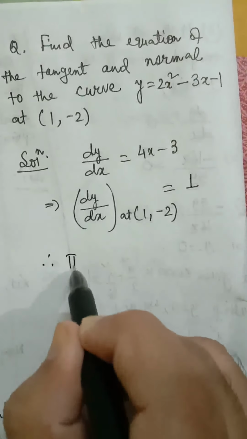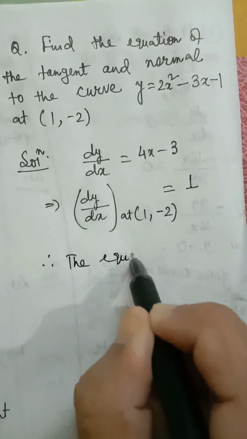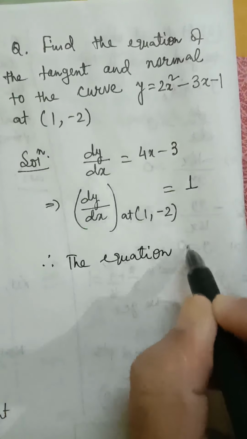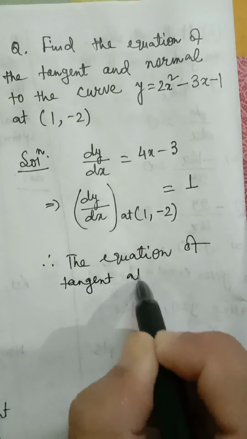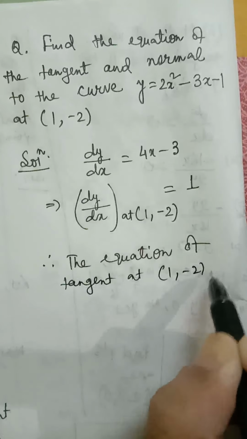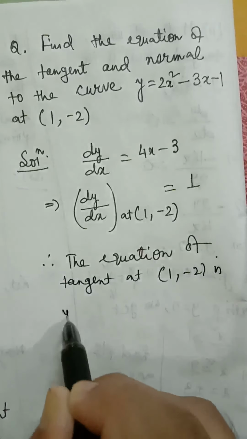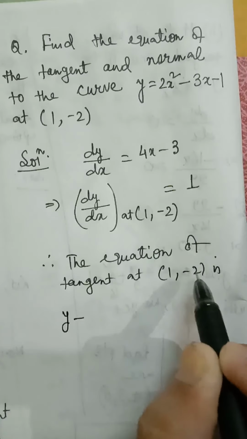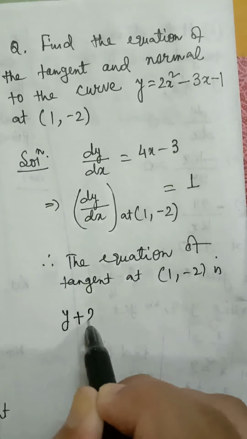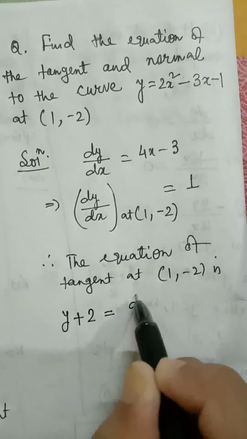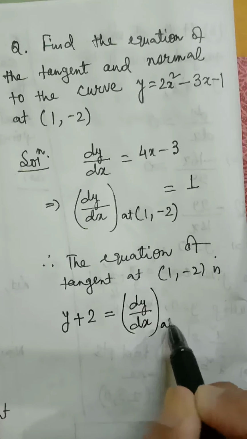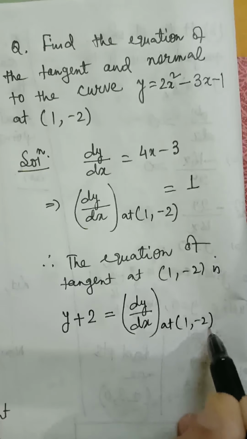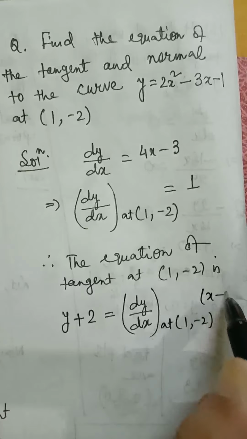Therefore, the equation of tangent at (1, -2) is, the formula is y minus y1. So it will be y plus 2 equal to dy by dx at (1, -2) into x minus 1.